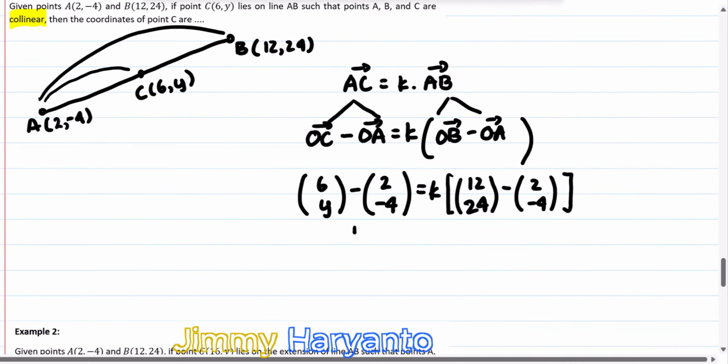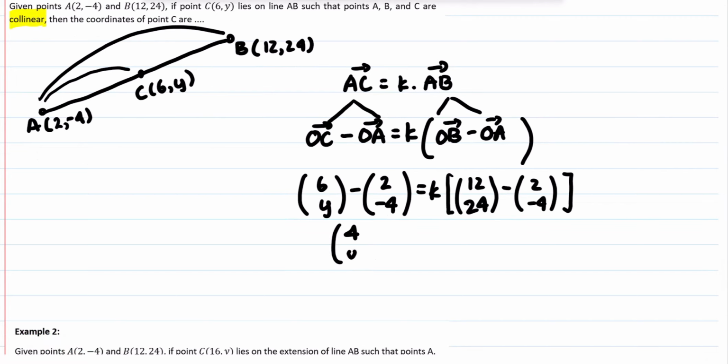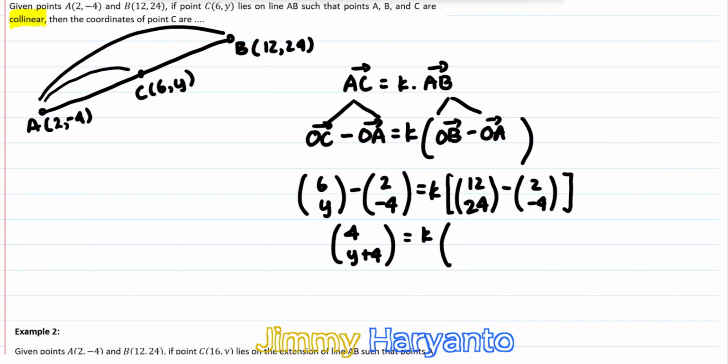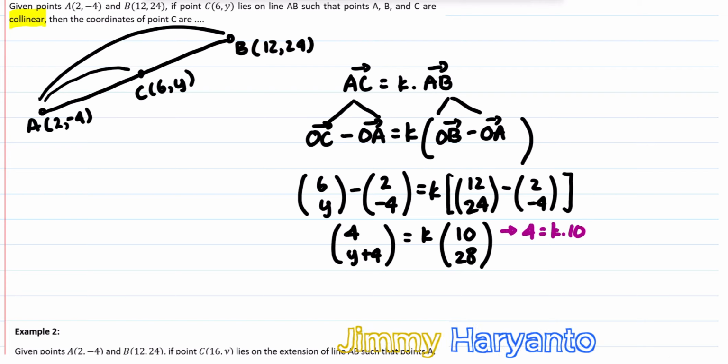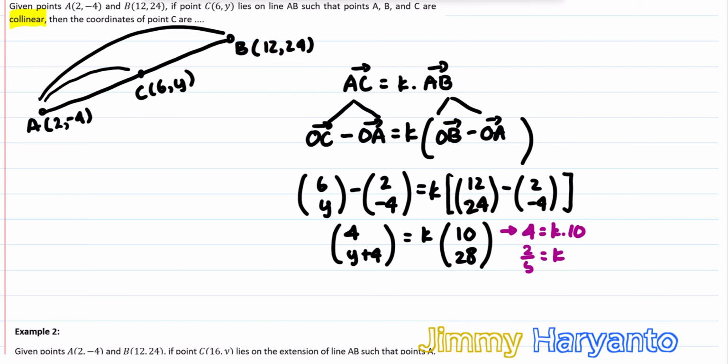It will be (4, y+4) equals K times, this one will be (10, 28). Okay, and then we can find K from the i component. That means 4 equals K times 10, K equals 4 divided by 10, which is 2 over 5.